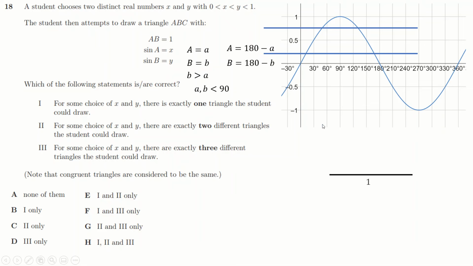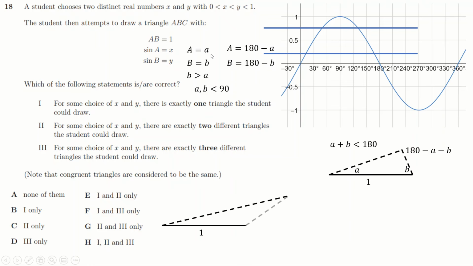The first one is when we just draw base A and B, base 1. That's perfectly possible to draw, because A plus B is definitely less than 180, as they're both themselves less than 90, which means this number is definitely positive. So there's a positive angle there. What about if you chose this with this, or this with this, or this with this, though? Well, this and this clearly won't work together, because these are both bigger than 90, and we can't have two angles in a triangle bigger than 90.